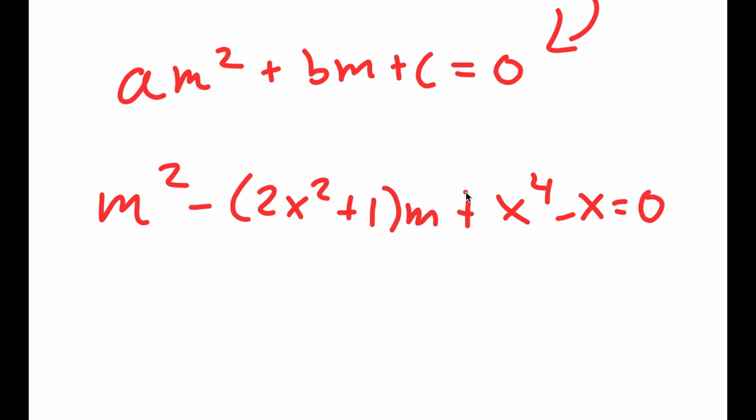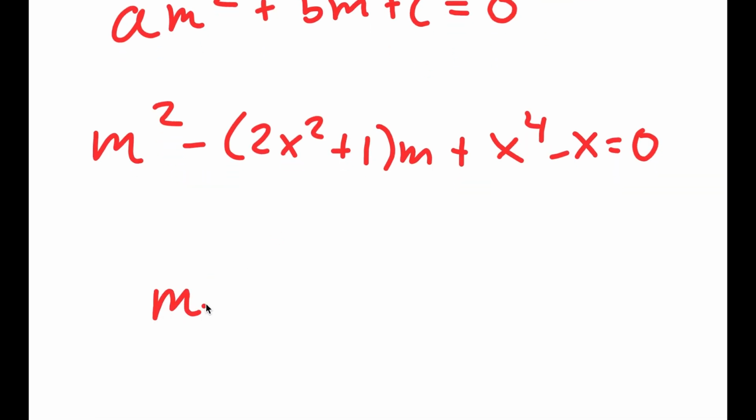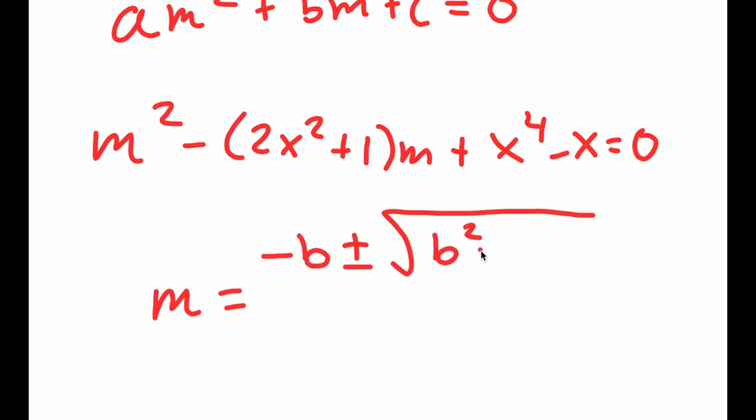And now I can actually use the quadratic formula. The quadratic formula, as a refresher, is negative b plus or minus the square root of b squared minus 4ac, all over 2a.